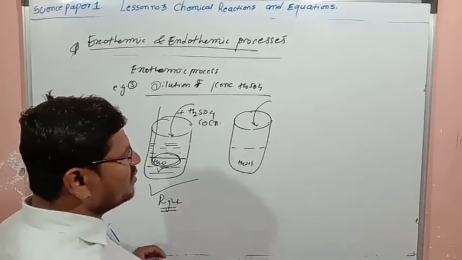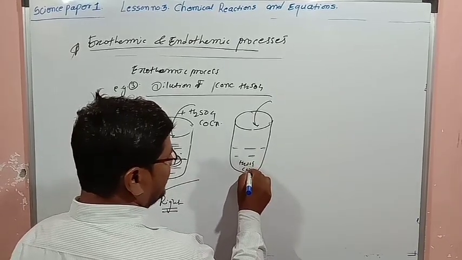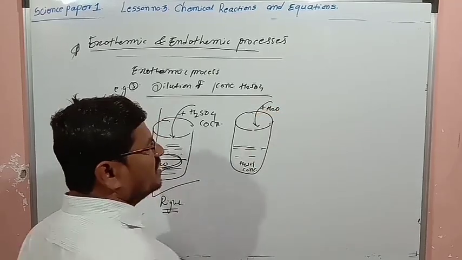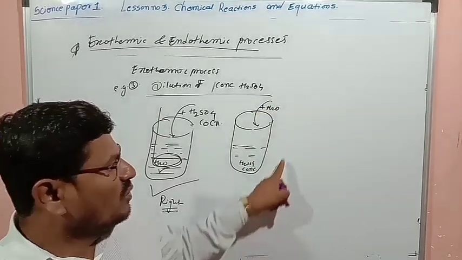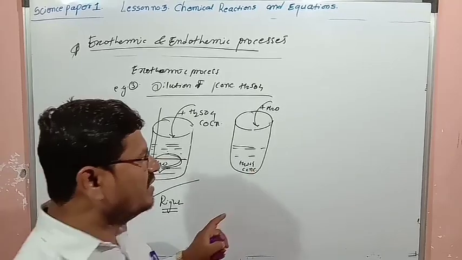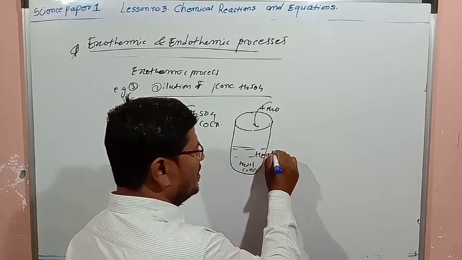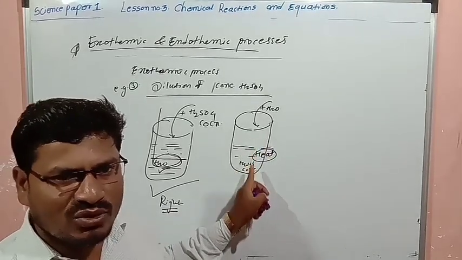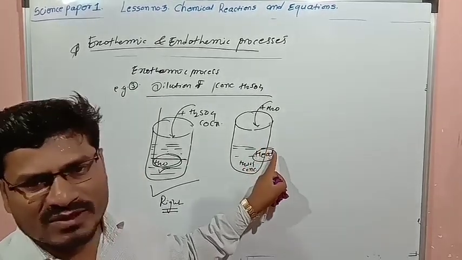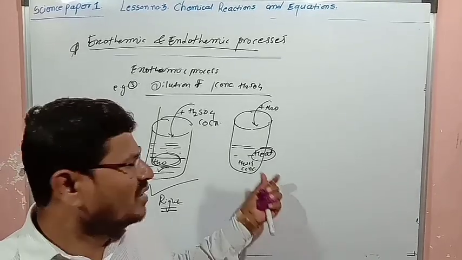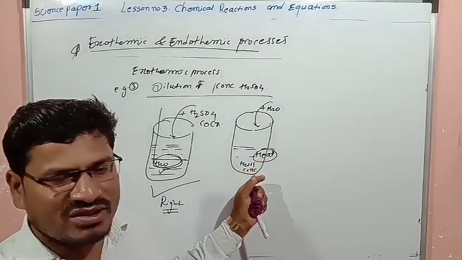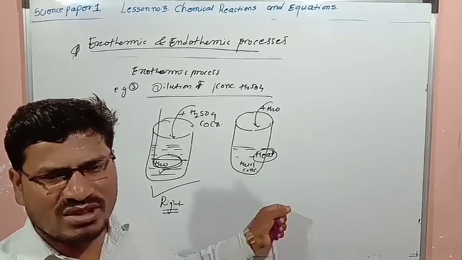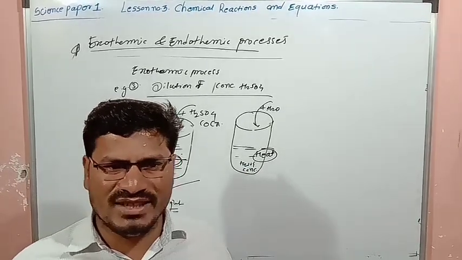Second, if you take concentrated H2SO4 in the beaker and add water, then a problem will arise. When you add water, heat is produced, and if you add more water, more heat is produced. There are chances of blasting the vessel, and there is a possibility of an accident.